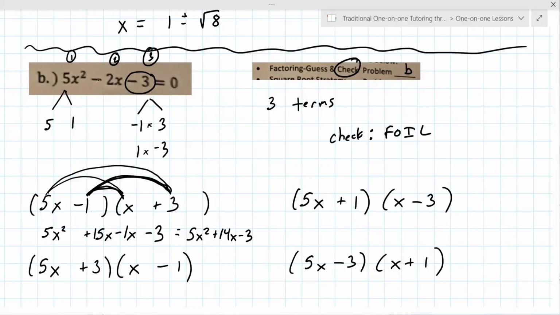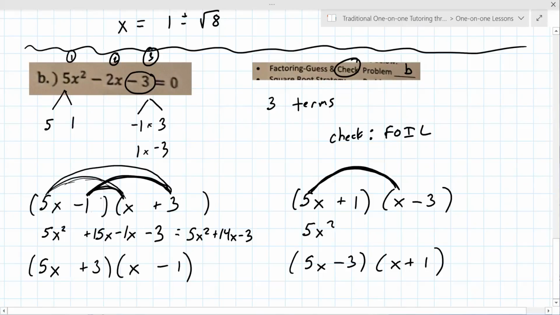Okay, so let's look at the next one. The next one is 5x times x. That's the first. What's 5x times x? It's the same as over here, 5x squared. We did it over here. What is 5x times -3? -15x.